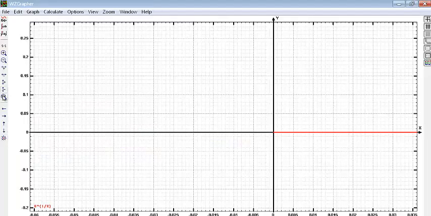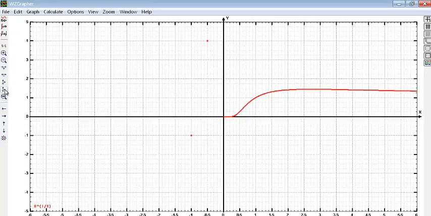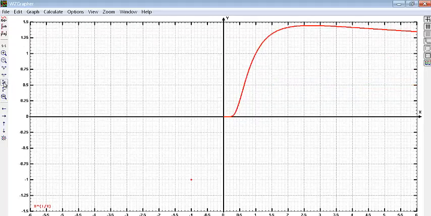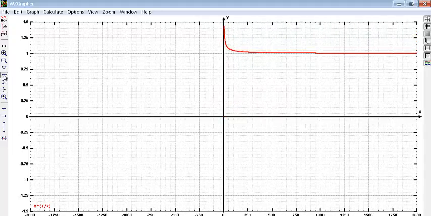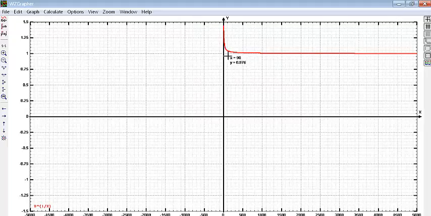So let's go to standard, and then we'll just zoom out in the x direction. And you can see that as we keep zooming out, we're approaching 1. So that is the right answer.